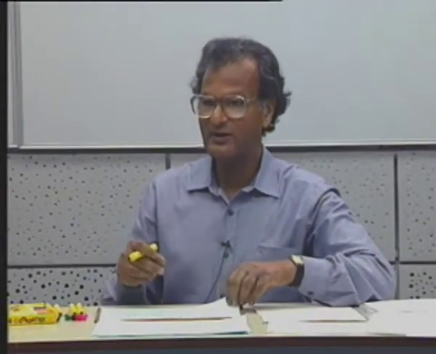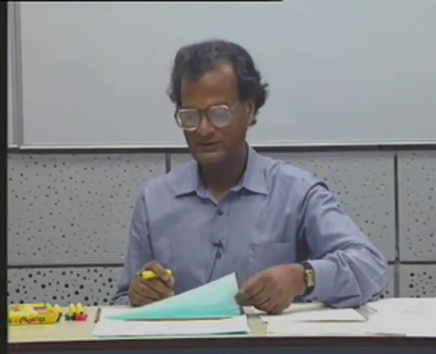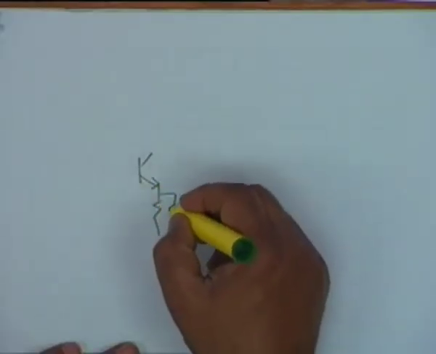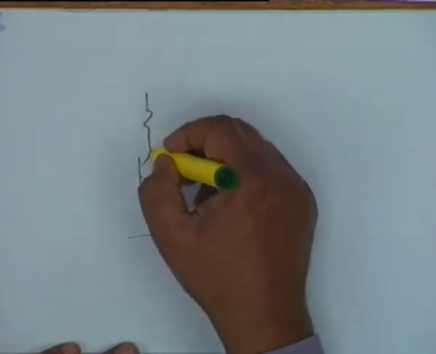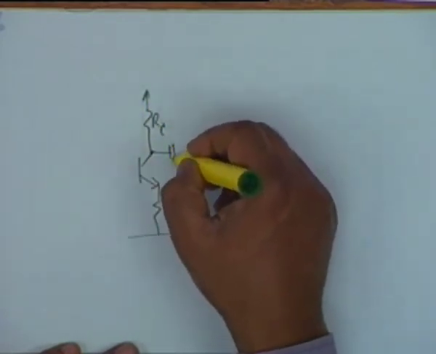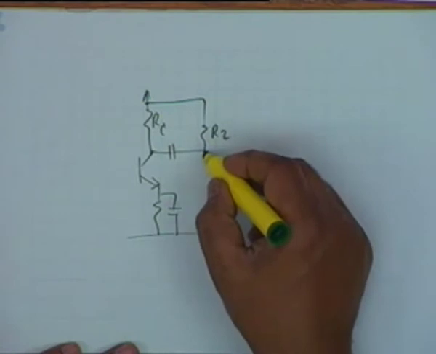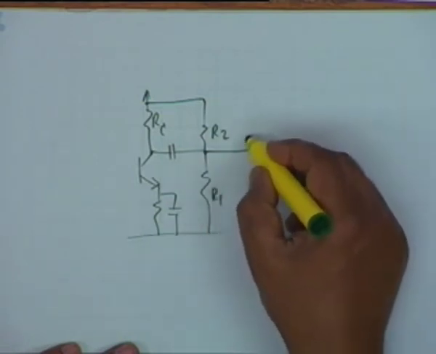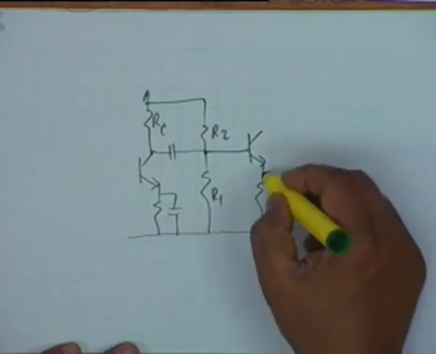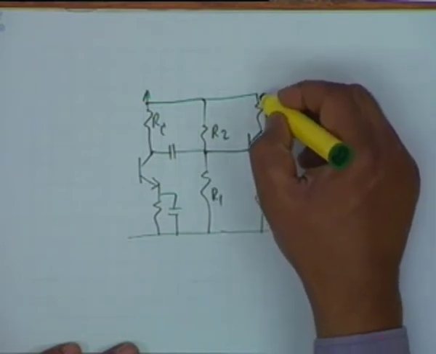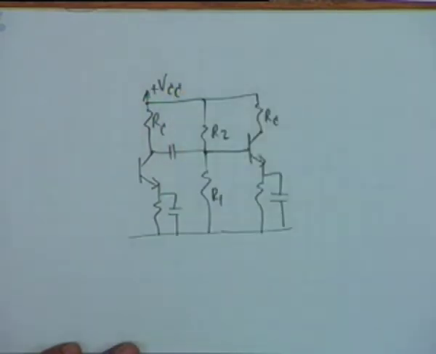Now I showed you an op amp circuit. What about a BJT? Obviously, if you use a BJT, you cannot do it in a single stage. You shall require a 2-stage CE amplifier, and therefore you will require something like this: R sub C, C, R2, R1, second BJT, RE CE combination, and R sub C here plus VCC.